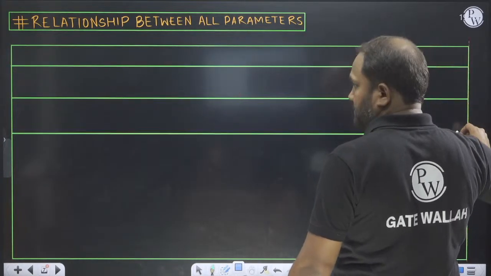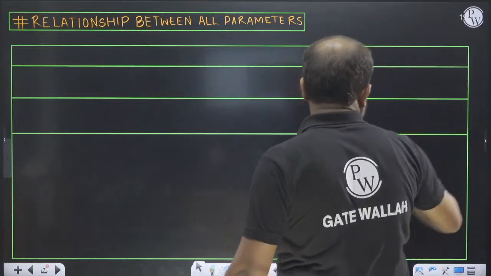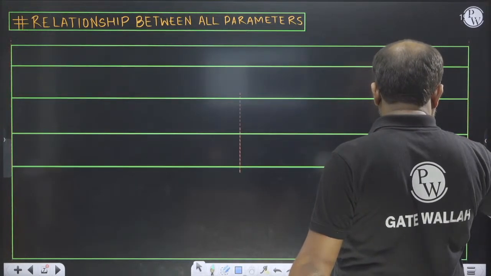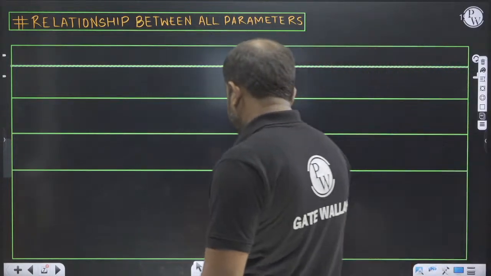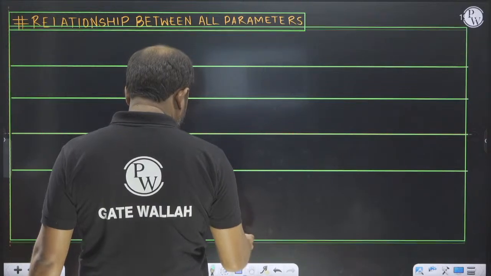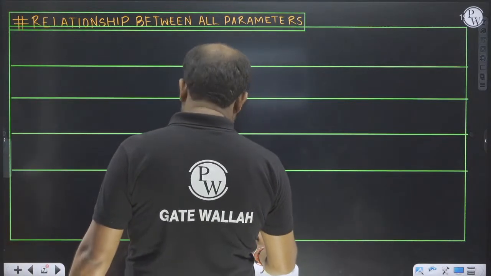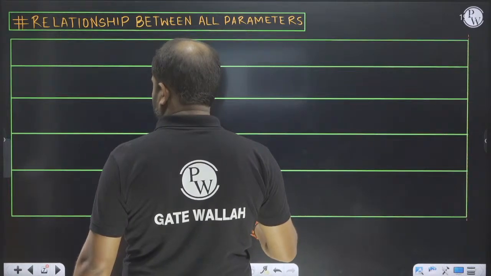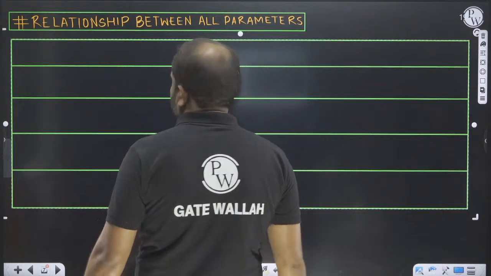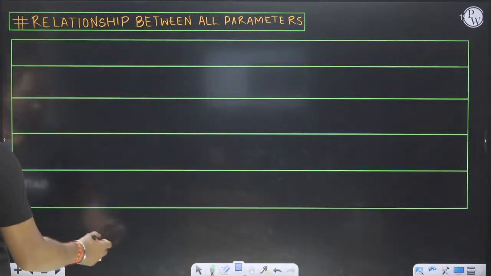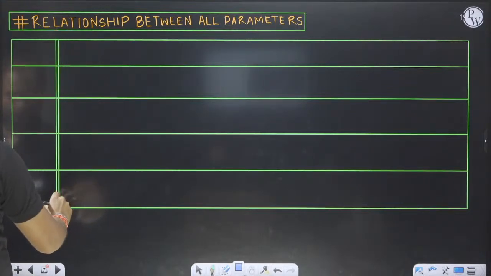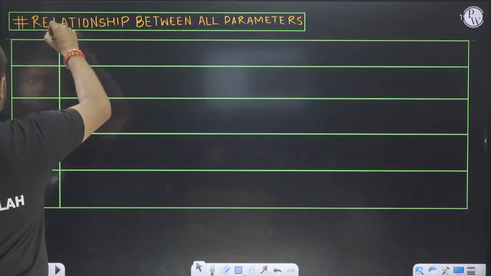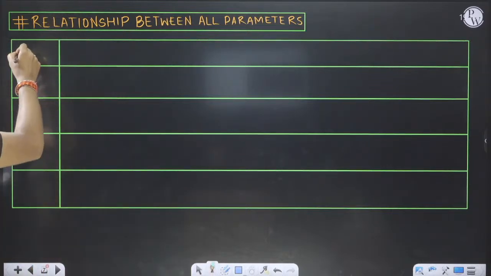This is our Z11, Z12, Z21, Z22. So this is our Z parameter.